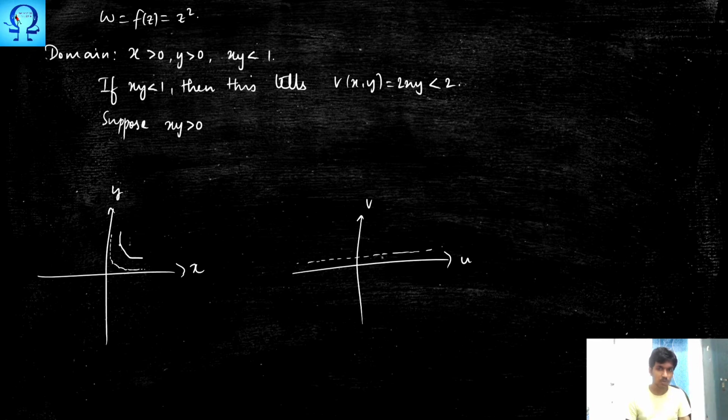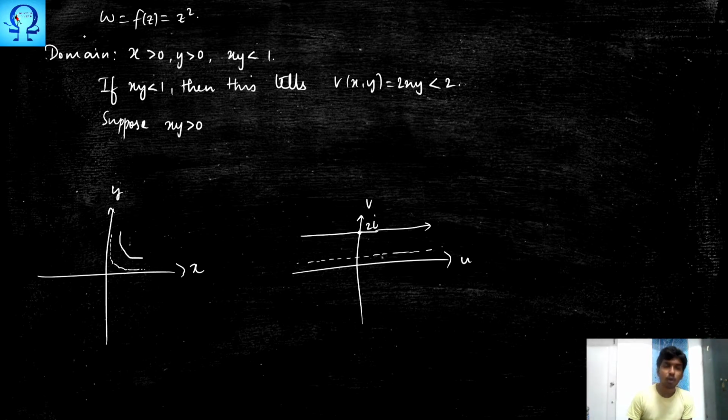To the maximum, xy can be very close to 1. In this case, our v will be very close to 2. So this is what we'll have. This point is going to be 2i, right? Now can you see what is happening?